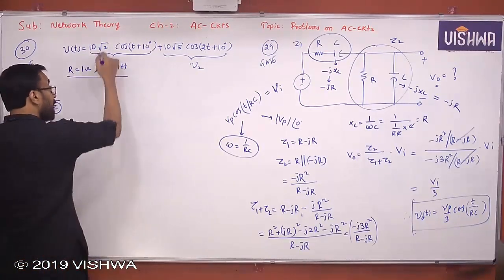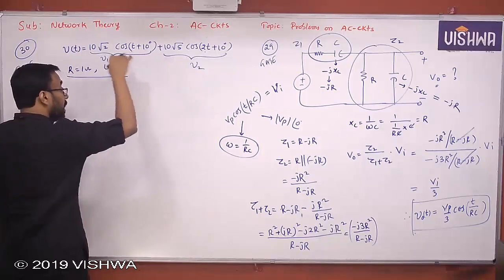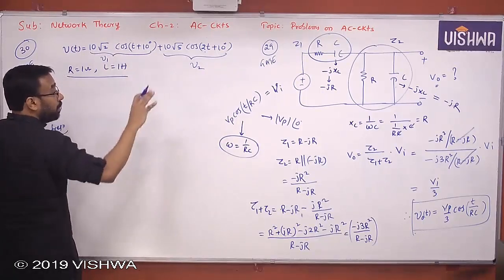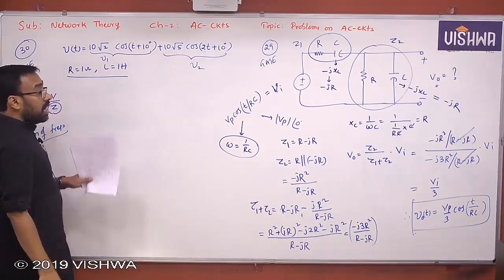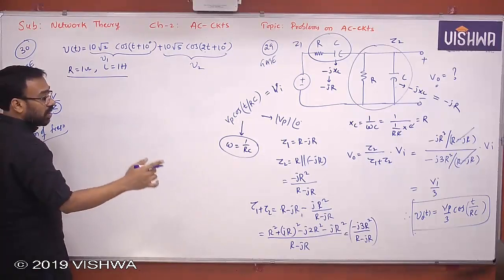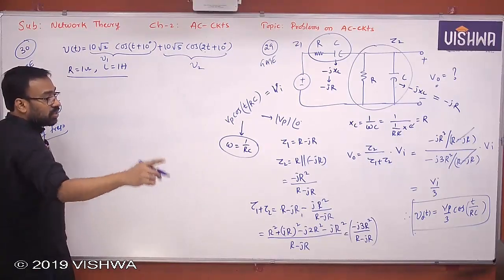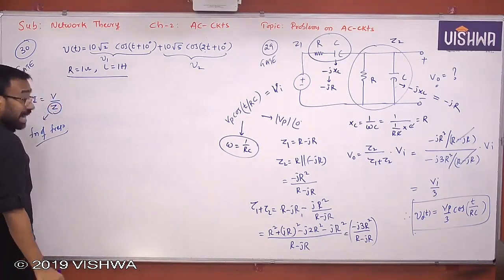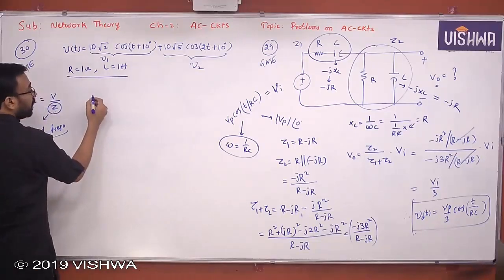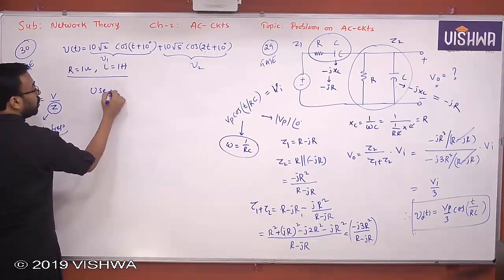Understand all of you? Here the magnitudes are different, but even if the magnitudes were the same, because the frequencies are different, the current will change because Z is a function of frequency. Clear all of you? Therefore, I can use superposition.